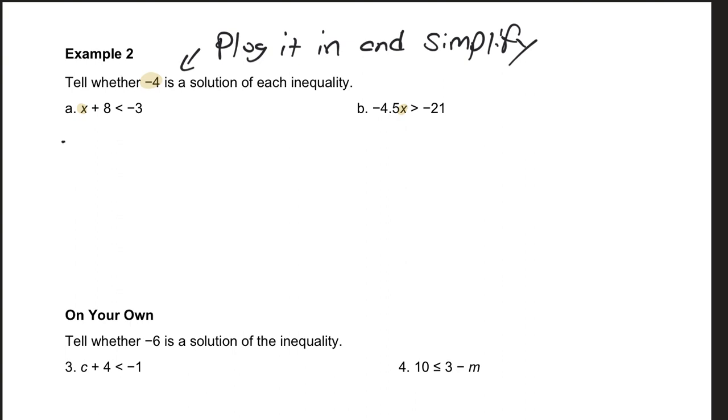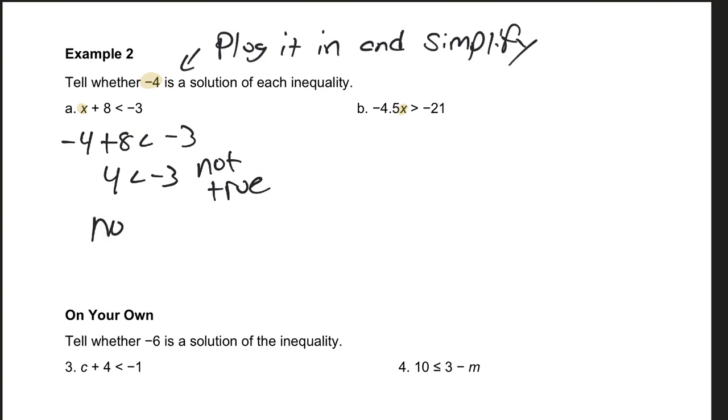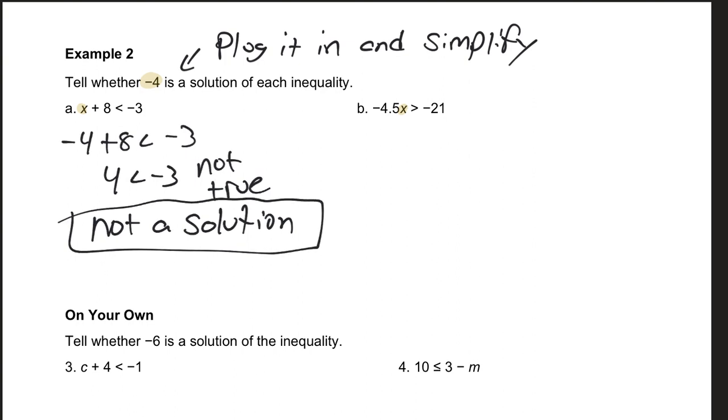I'm going to have negative 4 plus 8, less than negative 3. Simplify this, I get 4 is less than negative 3. Is 4 less than negative 3? Not true. 4 is not less than negative 3. So not true means not a solution. That's our final answer here: not a solution.